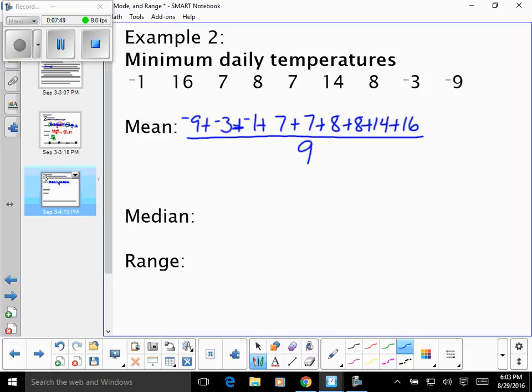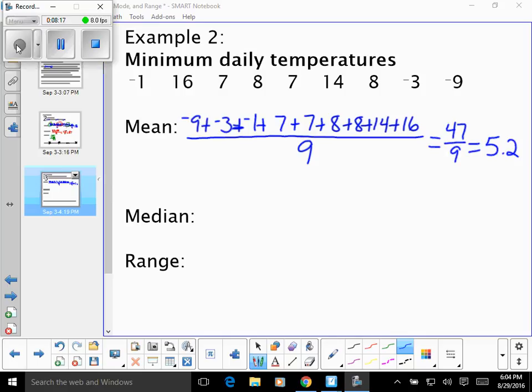Now in the calculator, you will come up with 47 divided by 9. When you divide that, you are going to come up with 5.2222222. So when we round off to the nearest tenth, we get 5.2 as our mean.